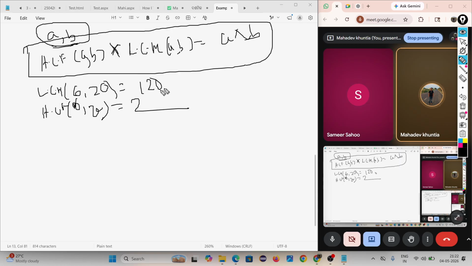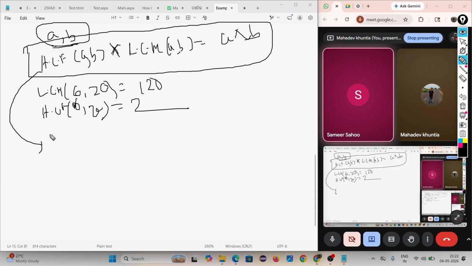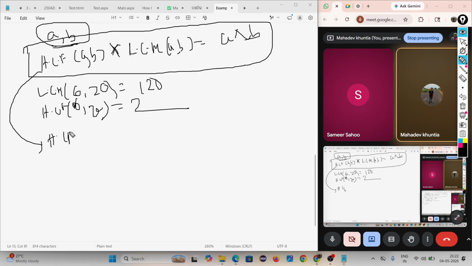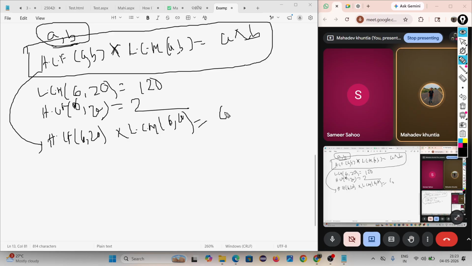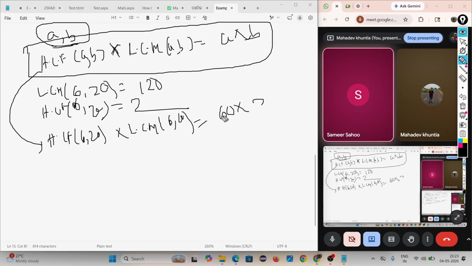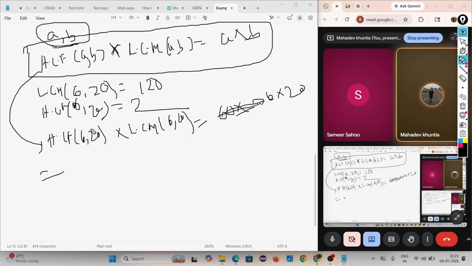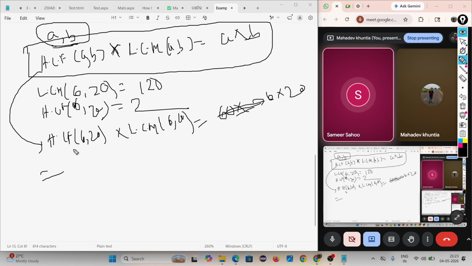Now apply this: HCF of 6 comma 20 into LCM of 6 comma 20 should be equal to 6 into 20.